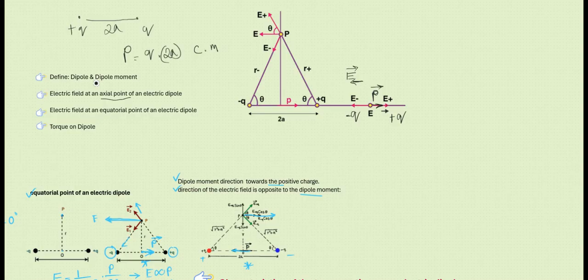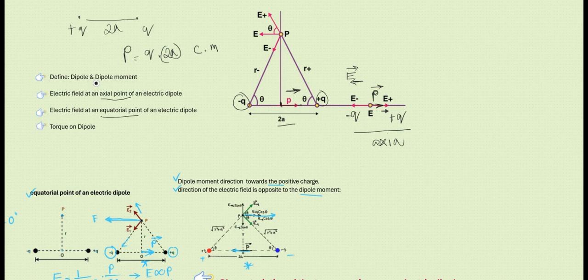The electric field is opposite to the dipole moment for both cases actually. And there is another case, the equatorial point. So there is a charge minus q, and this is a positive charge. This is the observation point O or P, whatever. The distance between these two charges is obviously 2a. So the dipole moment is obviously towards the positive, and this is the dipole moment direction.